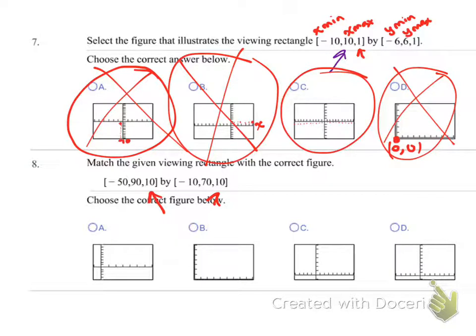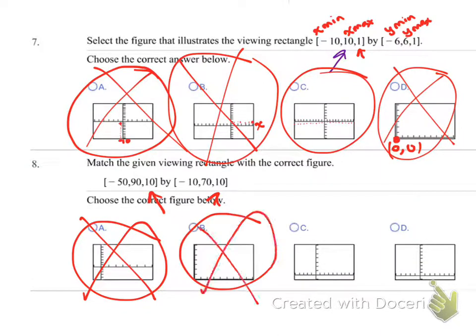So, if I look at the pictures here, I know that the x maximum has to be 90, so I can really eliminate this one because the x minimum is not negative 10. I can eliminate this one because the origin is the minimum of the x value, which is not the case.